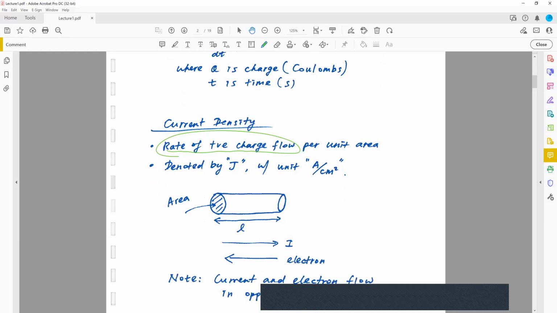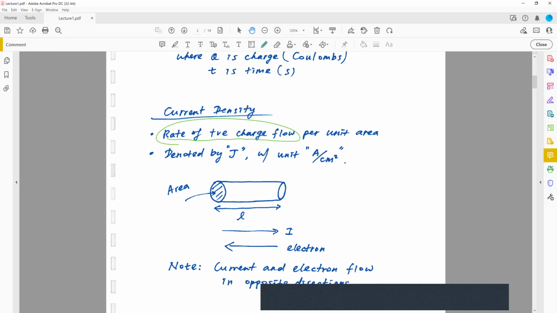So as an example, if I have a wire with a cross-section area like this, and this is the length of the wire, I have to specify the direction of the current flow. For example, in this case, I indicated the direction of the current by using this arrow, which tells me that this current is going from left to right. Now, at the same time, the electron is going to flow in the opposite direction.